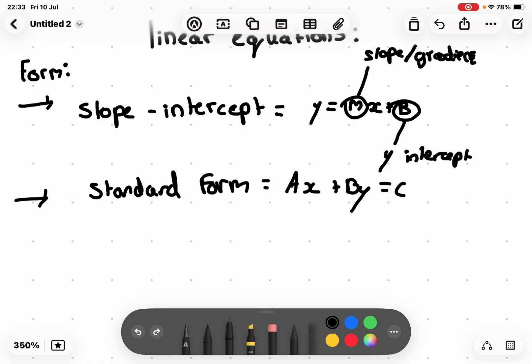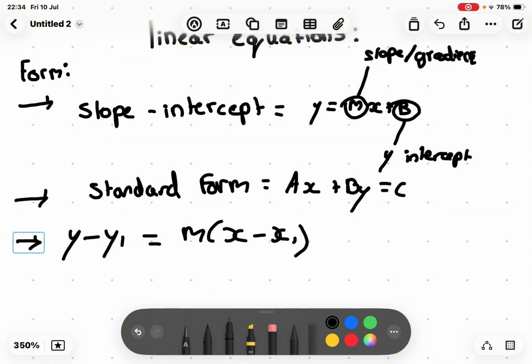I'll show you in examples. When we see examples, it can be more understandable. And the last one is y minus y1 equals m times x minus x1. So these are the actual points, and these are just imposters, technically.